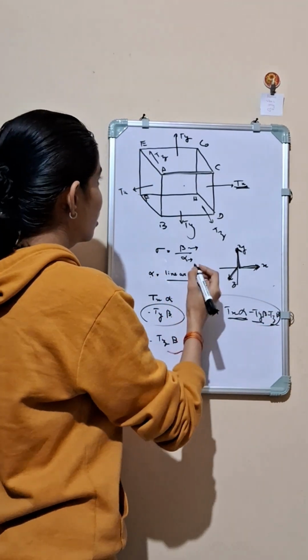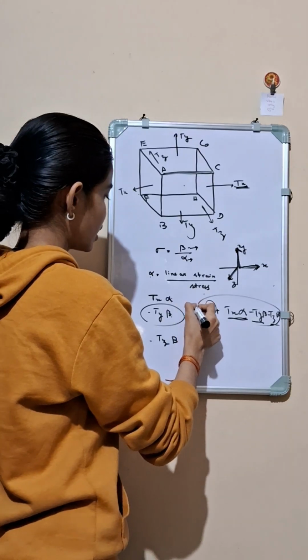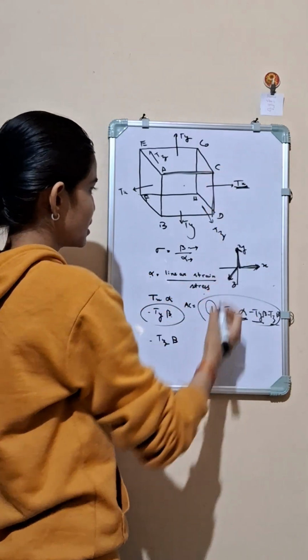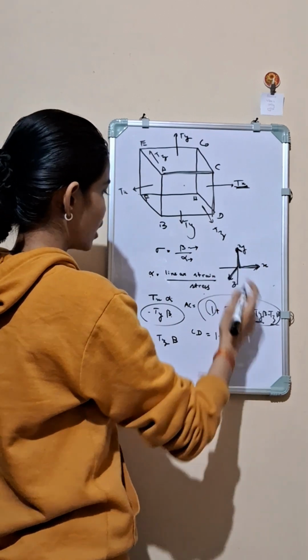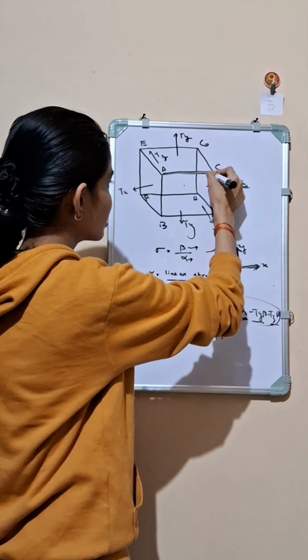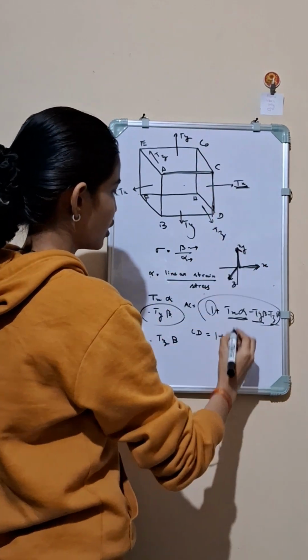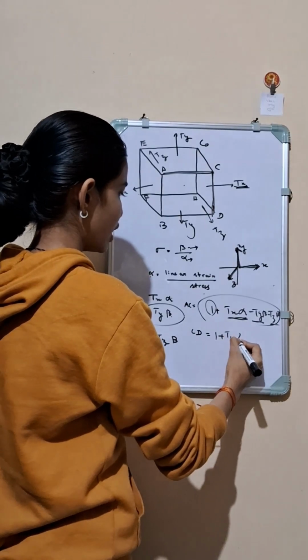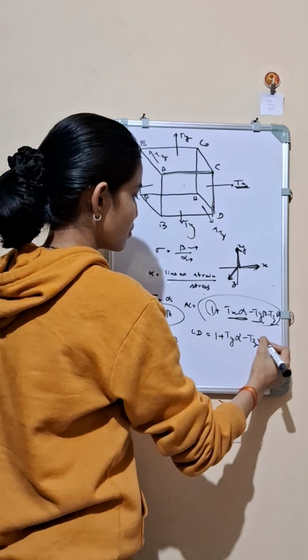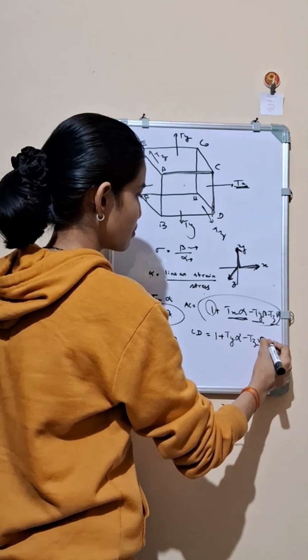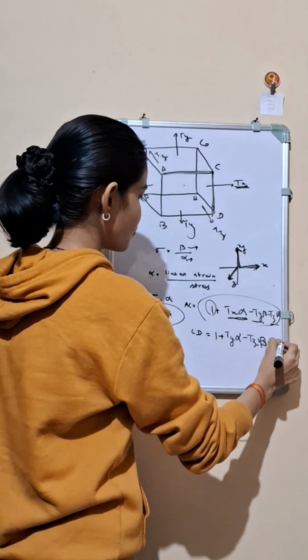Now here I have found AC. What will be CD? CD will be equal to 1 plus Ty alpha, because the increase is due to the Ty stress, and minus Tz beta minus Tx beta for the decrease.